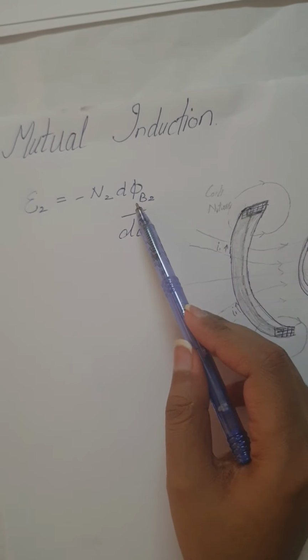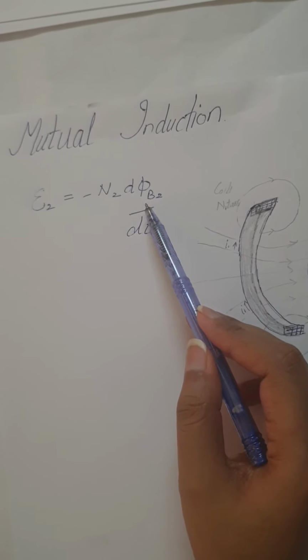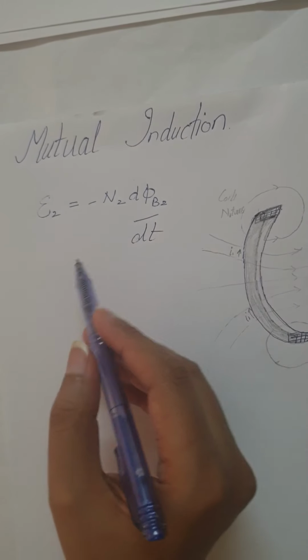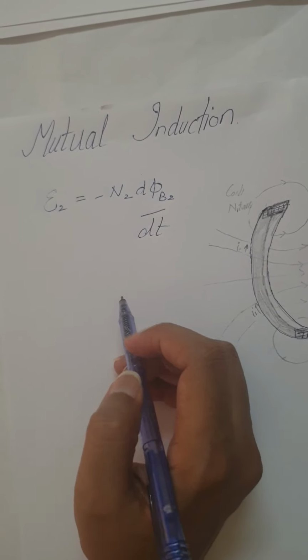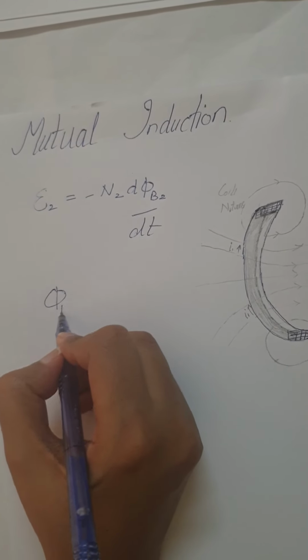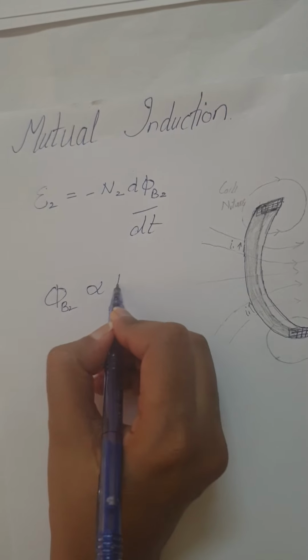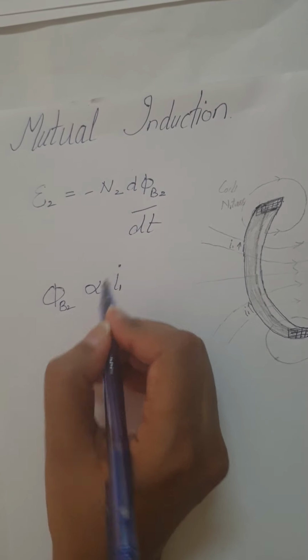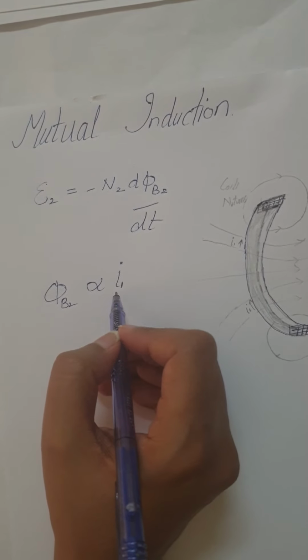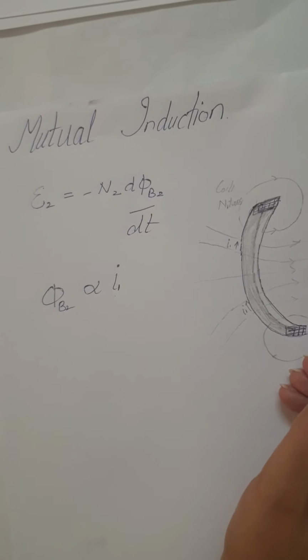The flux phi B2 and current I1 are proportional to each other. So we can write phi B2 is proportional to I1, and it is more convenient if we also include the number of turns in coil 2.